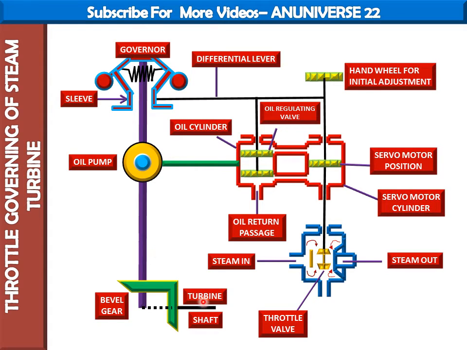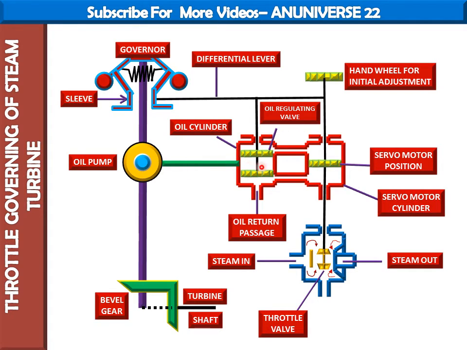When load on the turbine decreases, it will rotate with high speed, the fly balls expand, the sleeve moves upward, the differential lever moves upward, and this pilot piston moves upward, and this relay piston moves downward, and this valve becomes open for supplying oil from the oil pump.